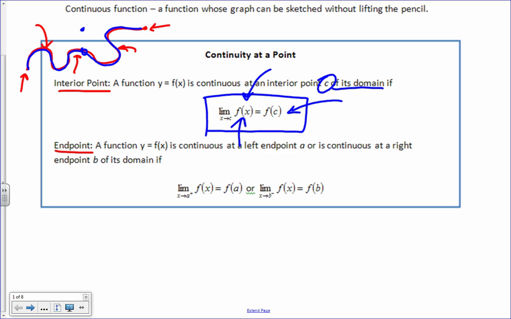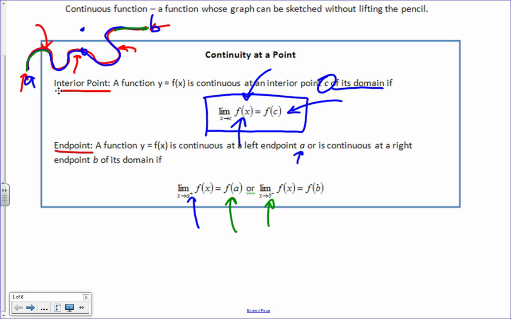At an endpoint, they're saying if the left endpoint is a, and the right endpoint is b. Notice how the limit as x approaches a from the positive side, so approaching it from the right, equals the y value, or as I approach b from the left, it approaches the y value.